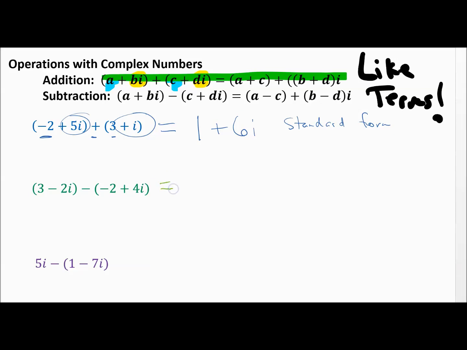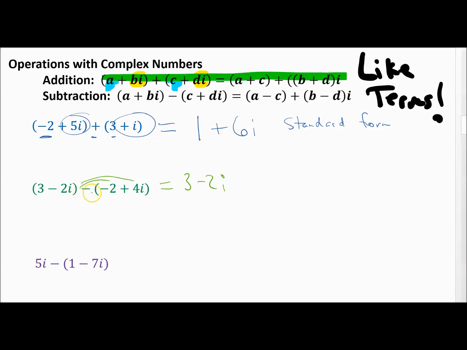So for subtraction, you've got to be very careful. Why? Because you're subtracting this entire complex number, so that minus needs to distribute. So that's exactly what I'm going to do. I'm going to write 3 minus 2i. That's the original complex number we're given.